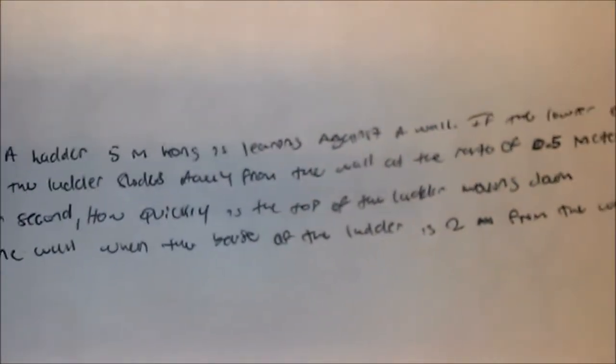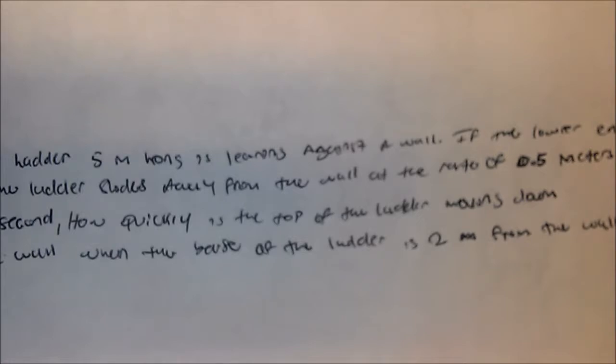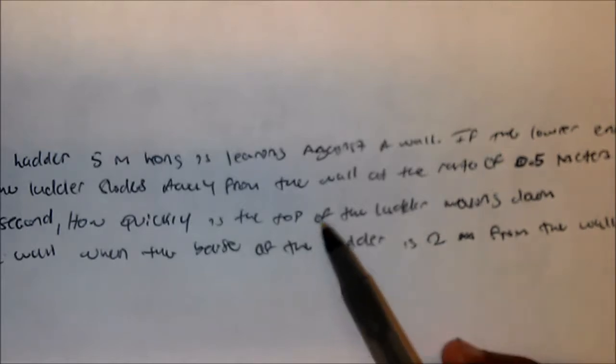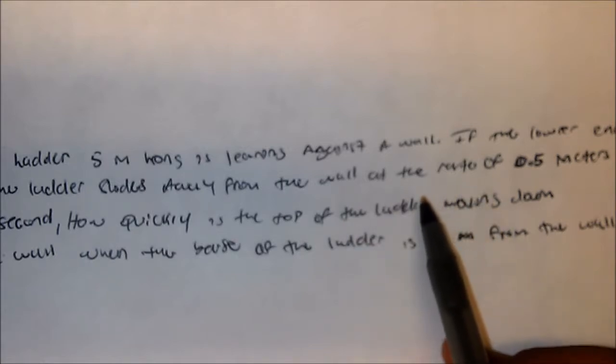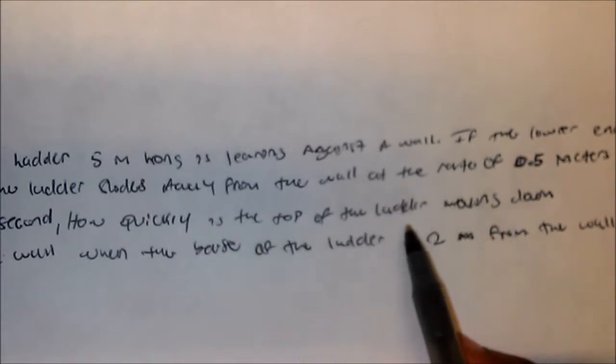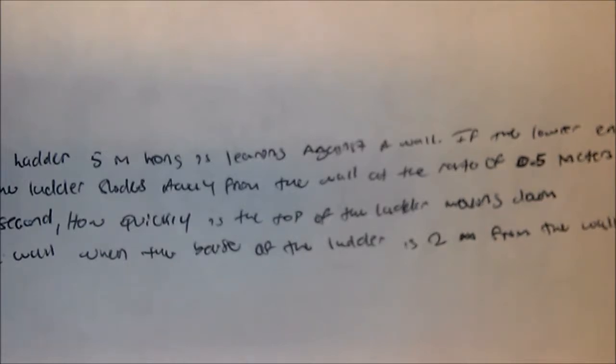So here this problem says a ladder 5 meters long is leaning against a wall. If the lower end of the ladder slides away from the wall at a rate of 0.5 meters per second, how quickly is the top of the ladder moving down the wall when the base of the ladder is 2 meters from the wall?